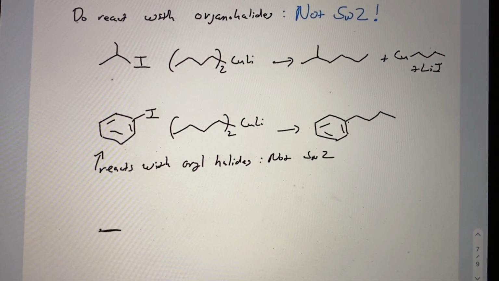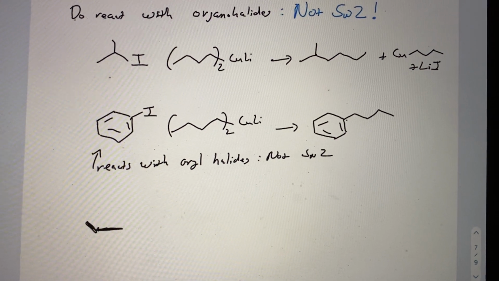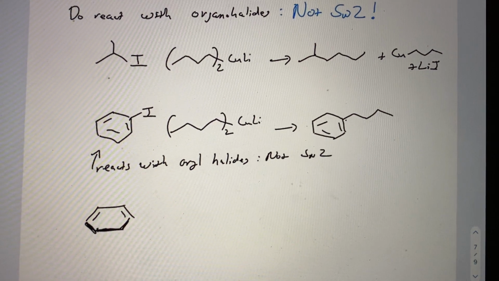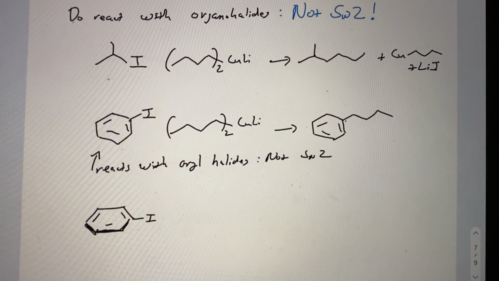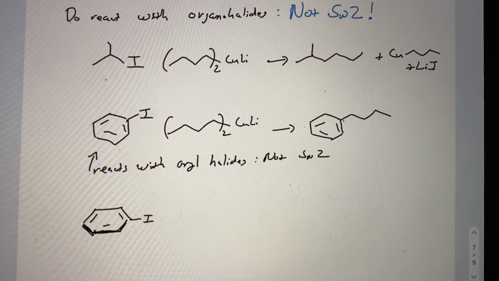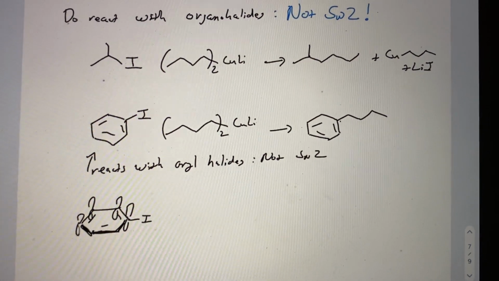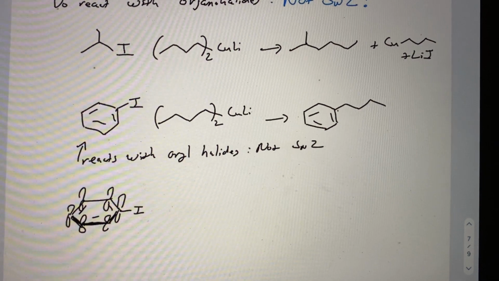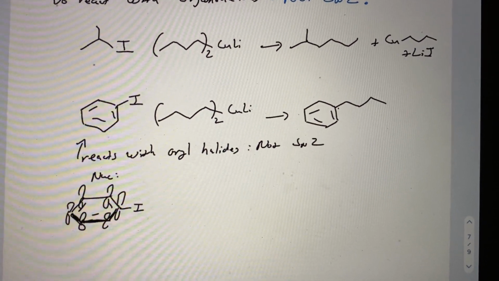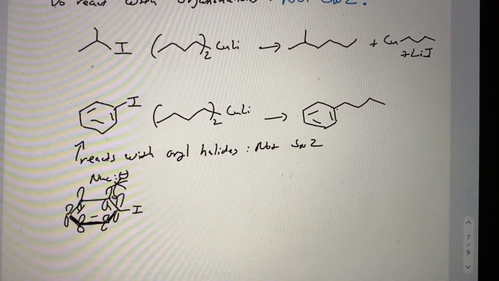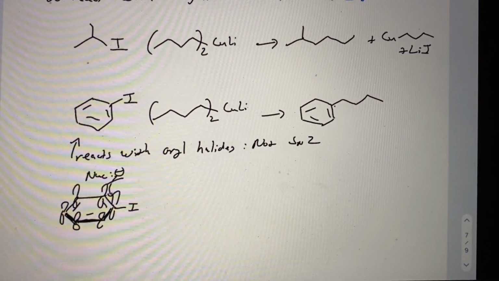You can use this as a bit of review. Remember back when we talked about SN2 reactions, they don't react with benzene rings or aryl halides like this, trying to turn it on its side, because you have all of this electron density around the ring. So your nucleophile, number one, can't attack the backside. Let's use a different color for the arrow.